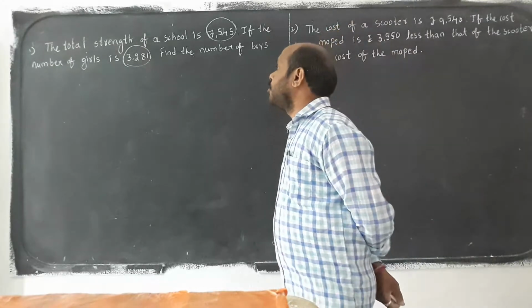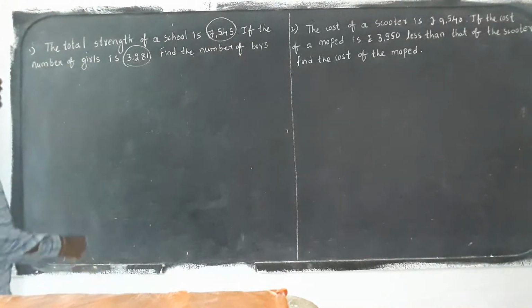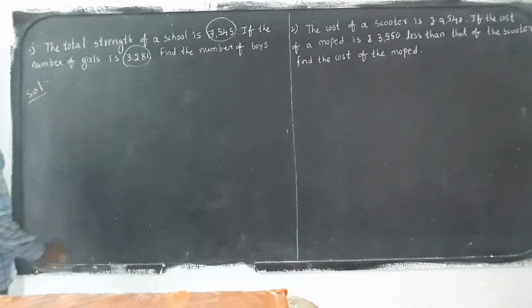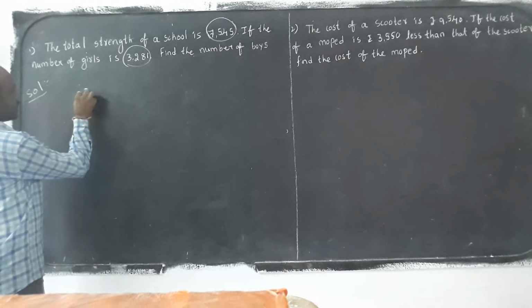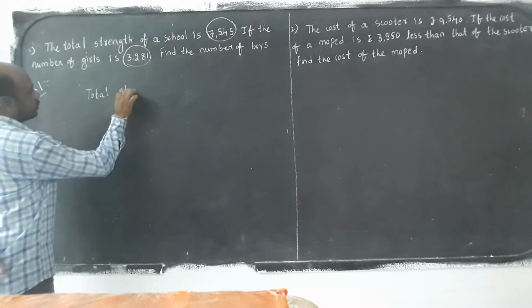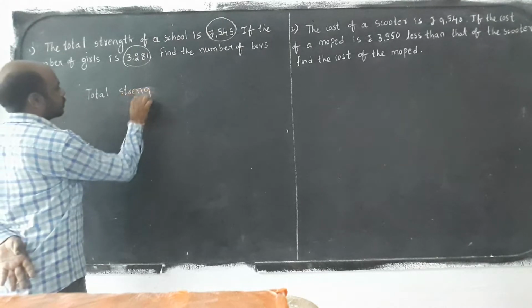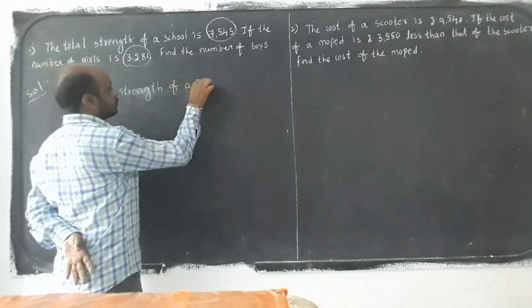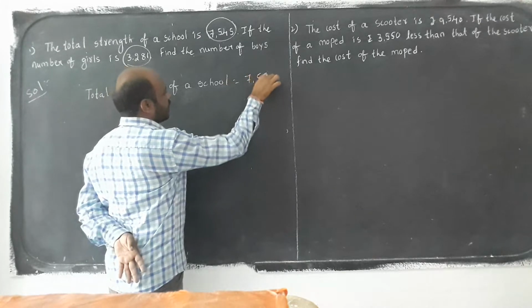First, what is given? Total strength in a school. We write total number of students, or total strength of a school, is equal to how much? 7,545.